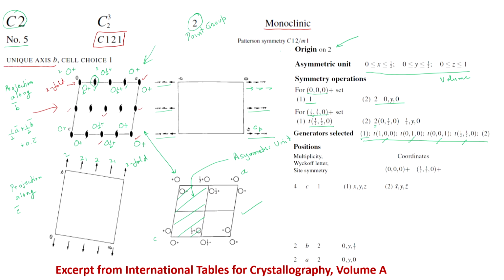The number 1 in bracket indicates that it is referring to this particular symmetry, which in this case is identity, and this 2 is representing the two-fold at 0, y, 0. These are all the minimal set of generators required to produce the entire space group.